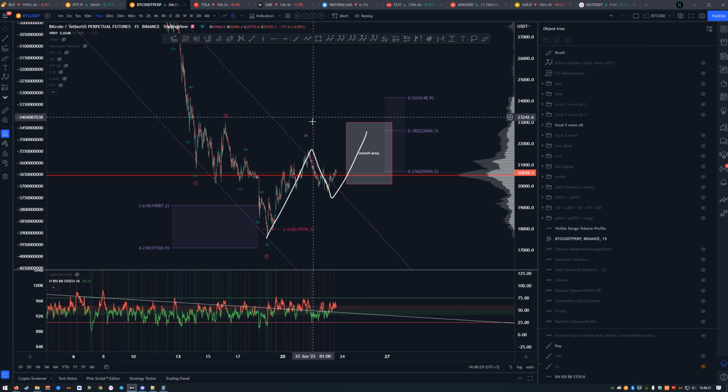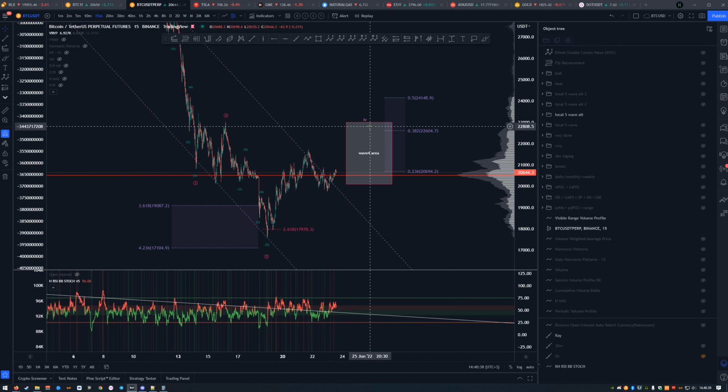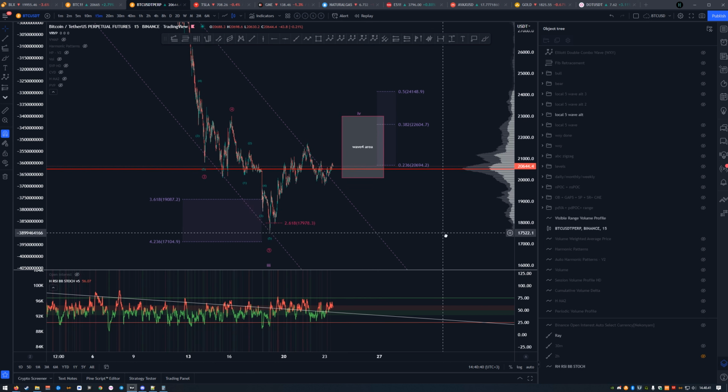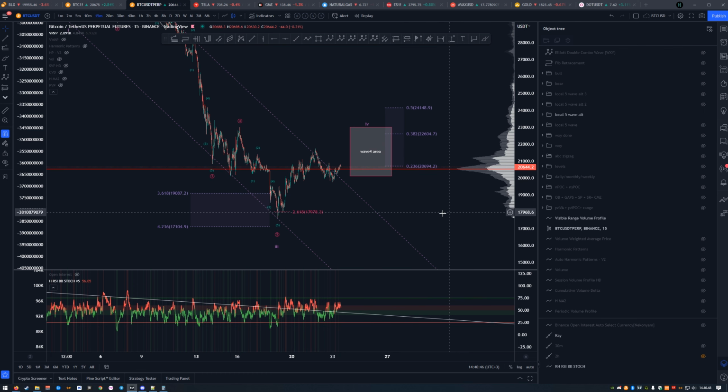So it is possible that we extend the wave 4 up higher, create this three-wave structure here to get up to these levels. At that point again, I would be more bearish, especially if we get that 5-wave move downwards. I am still overall bearish on the higher time frame, but currently this structure is not giving too many clues. It can be interpreted in many ways.